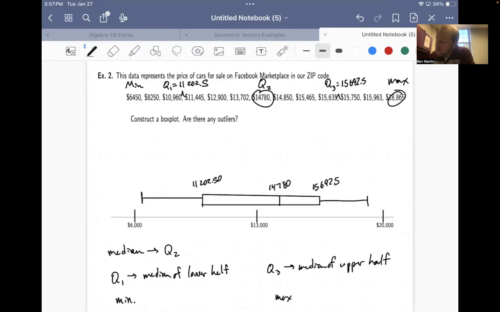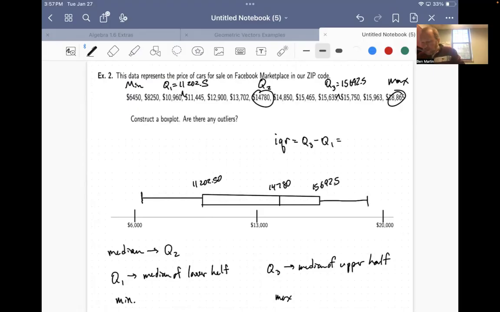All right. Now you'll notice that there is this phrase here about, are there any outliers? So to talk about outliers, we're going to have to calculate something. And I'm going to have to add an extra page in here to do this. But I'm going to write down here a number called IQR. That is your interquartile range. And it is just going to be Q3 minus Q1.